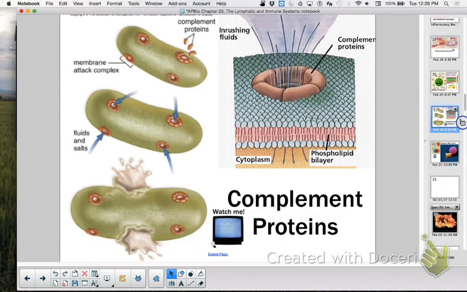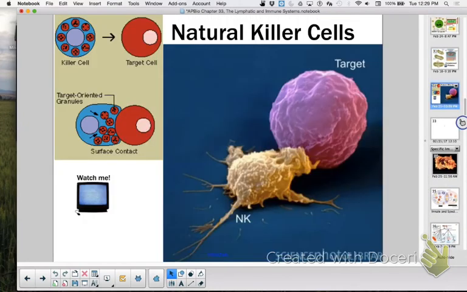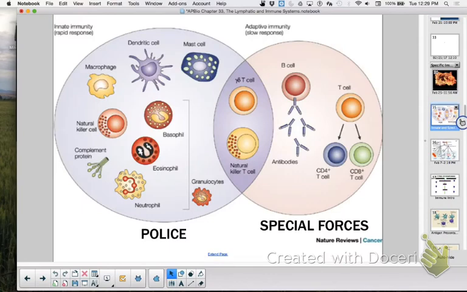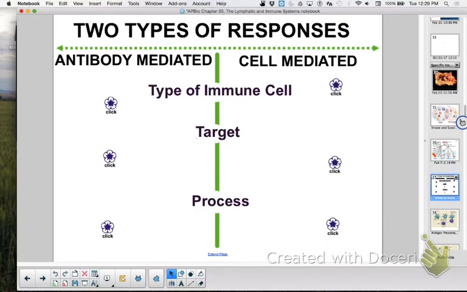Remember, that was your favorite video. And natural killer cells, okay? And then when you look at this picture now, you should feel pretty comfortable with all of these guys over here in your innate immune response. No memory. They respond with the same amount of response every single time. Over here, your special forces, B and Ts, okay?